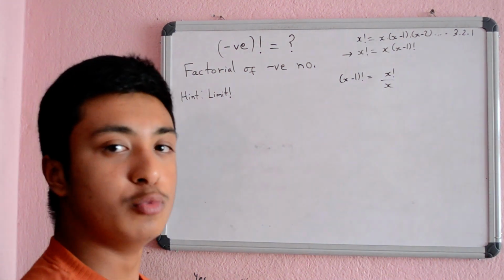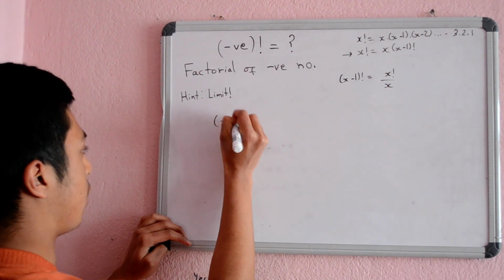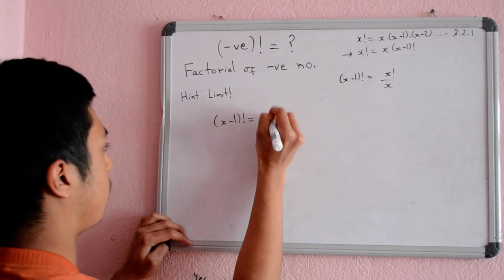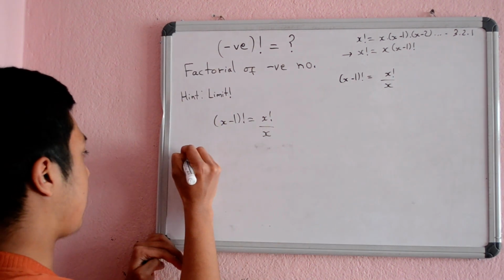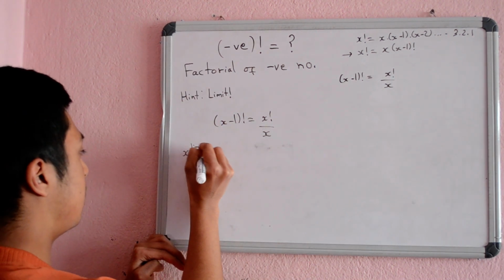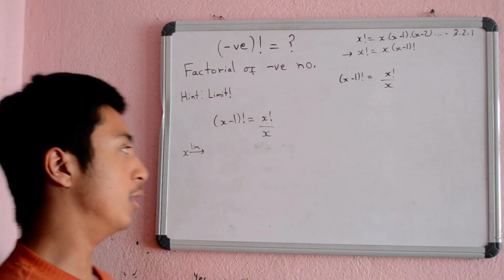So let's move on to negative numbers. x minus 1 factorial is equal to x factorial by x. Well, we want to first find negative 1 factorial.